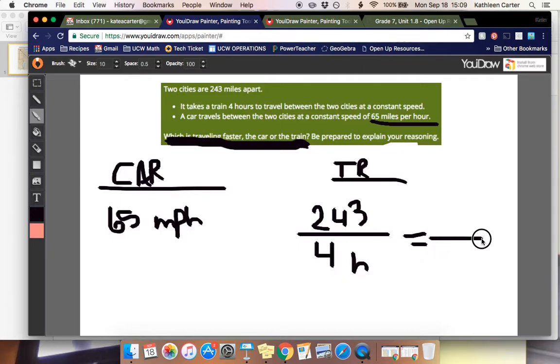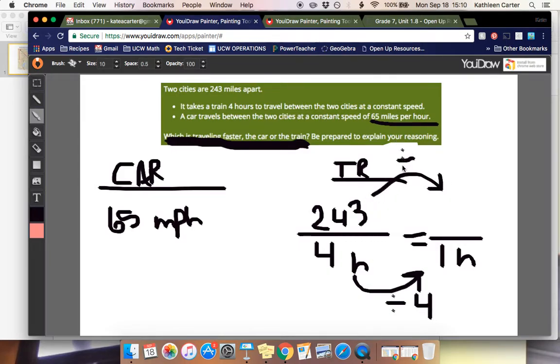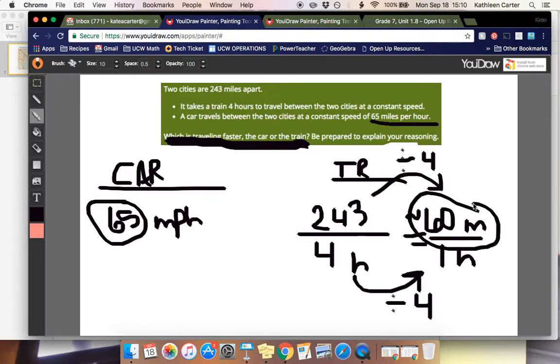If I want to figure out how many miles it could go in 1 hour, I would scale that down, like simplifying a fraction, and divide by 4. I end up with 60 and a remainder of 3, but 3 out of 240 is just a fraction, so approximately 60 miles in 1 hour. Comparing 65 miles per hour to 60 miles per hour, 65 is greater than 60, so again, the car is the faster one.